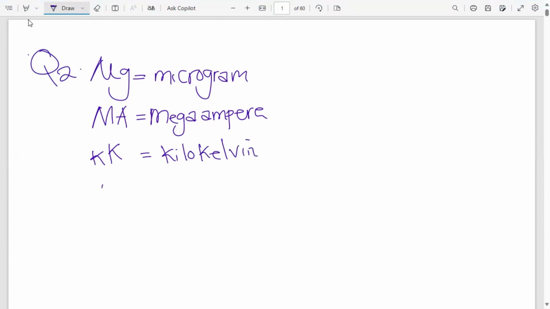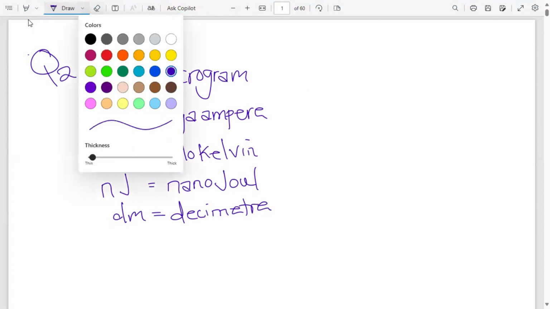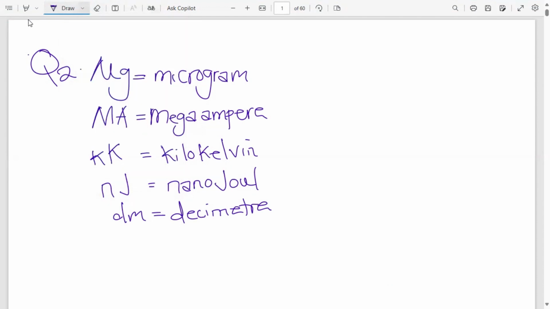We have small n and the capital J for nanojoule. And we have dm for decimeter. Okay, so those are the names of these units in full, like that. We can move on to the next question.